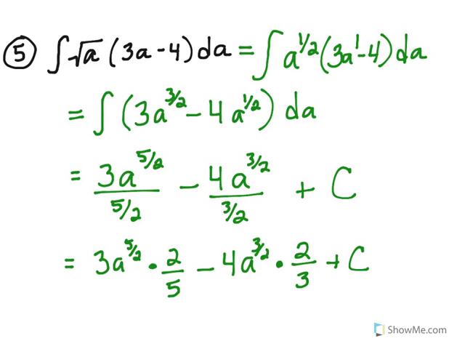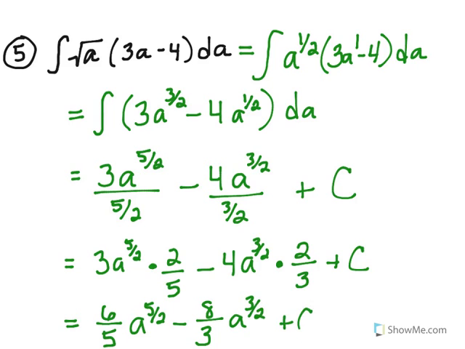If I put it all together, my final answer is going to be 6/5 a to the 5/2 minus 8/3 a to the 3/2 plus c. If you want to write it with radicals, you can, but this answer with fractional exponents is perfectly fine with me.